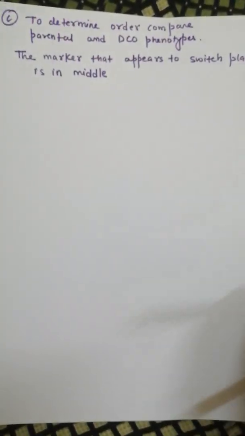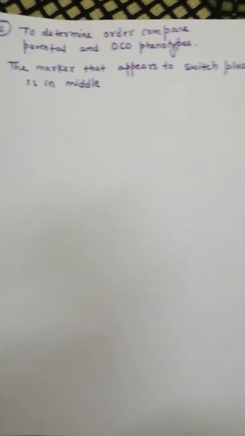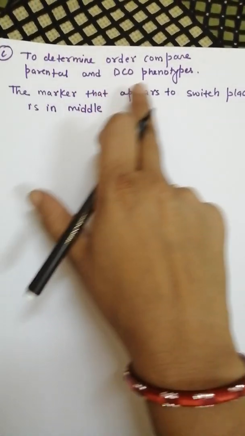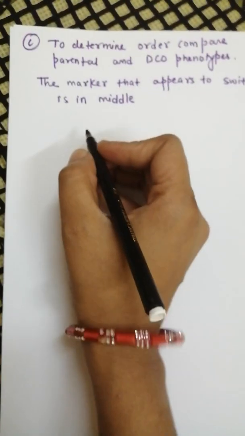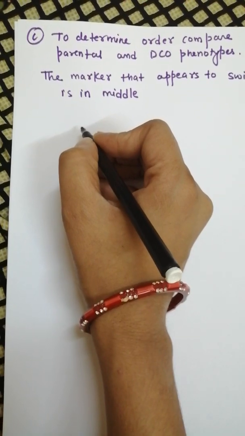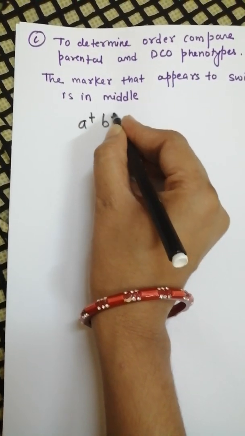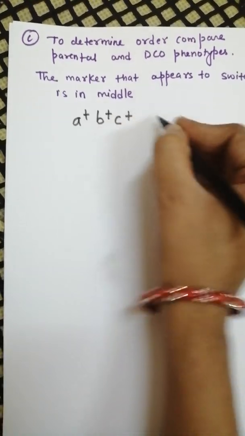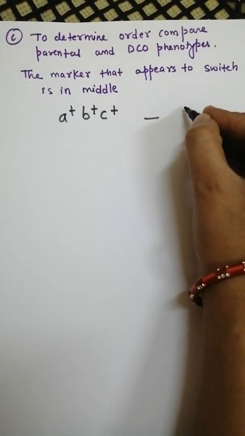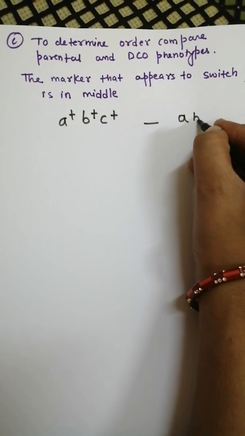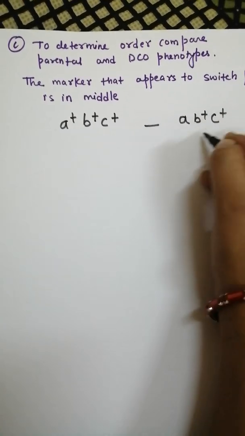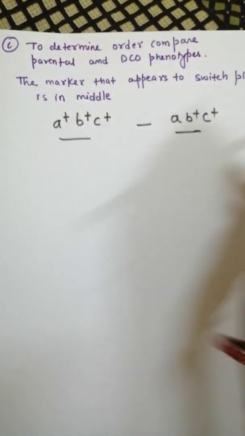Then in the third step, to determine gene order, we have to compare parental and double crossover phenotypes. The parental phenotype A plus B plus C plus and the double crossover, we have to compare this.